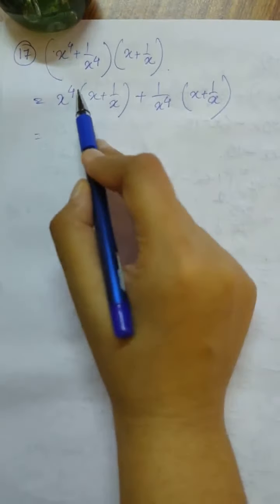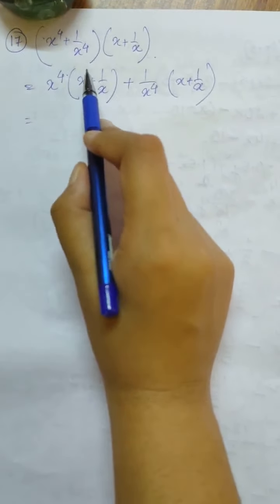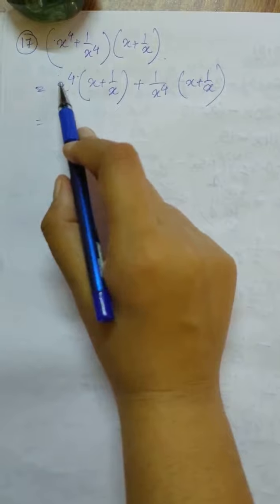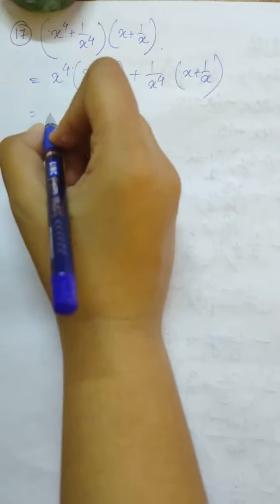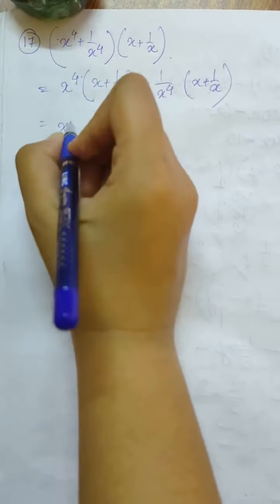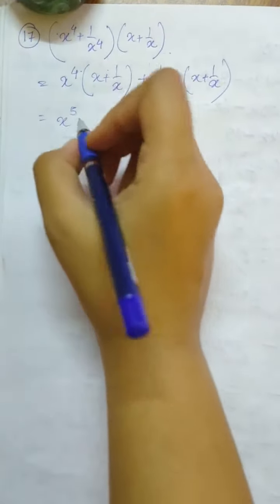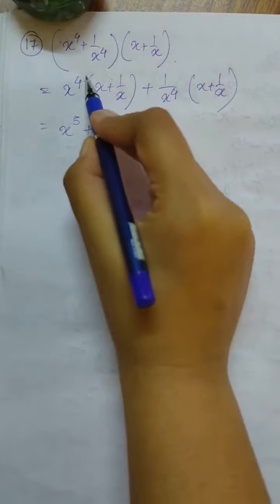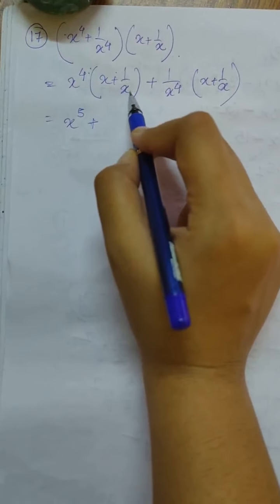Now multiplying them, here we have x to the power 4 and here we have only x. So the power of x is 1 here. So if we multiply them, we will get x to the power 4 plus 1, that is 5. Then we have a plus sign here. Now we have x to the power 4 in the numerator and x in the denominator.